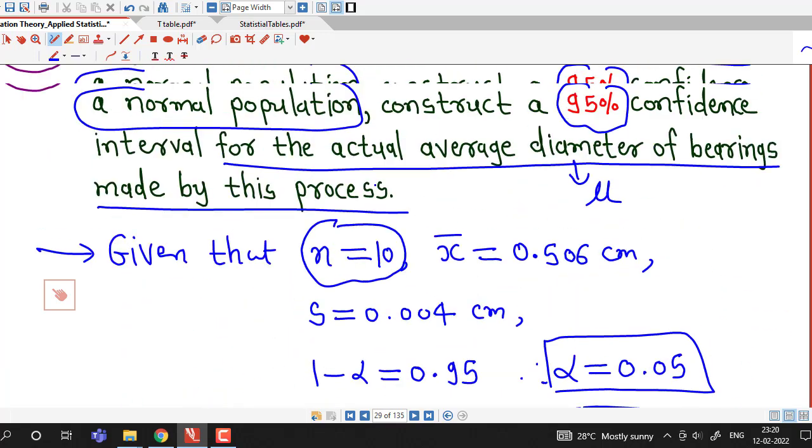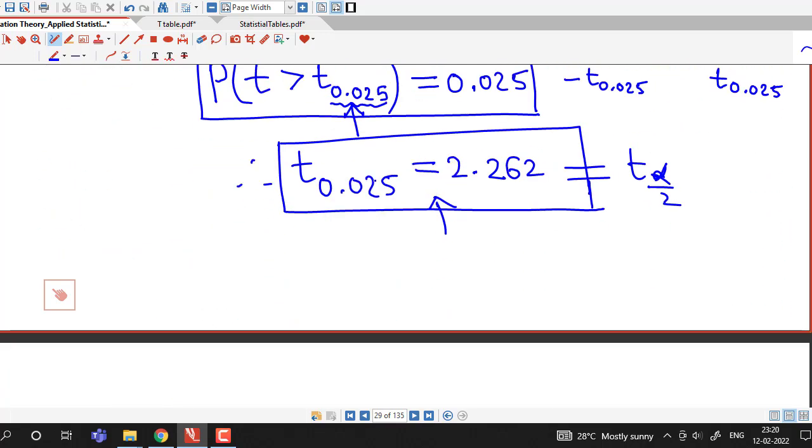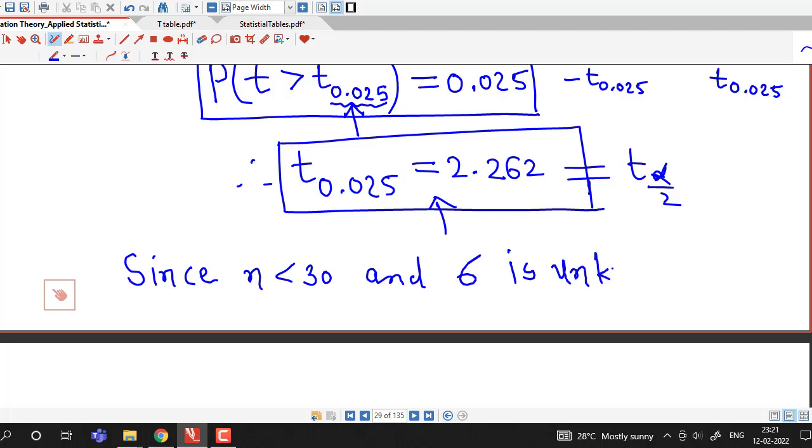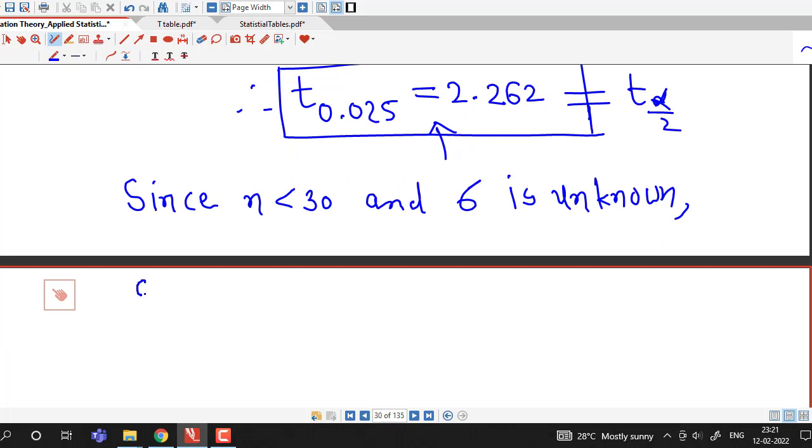Now we have a ready-made formula for the confidence interval. Here we can say that sample size is small, so n is less than 30, and population standard deviation is unknown. We have the small sample confidence interval formula.